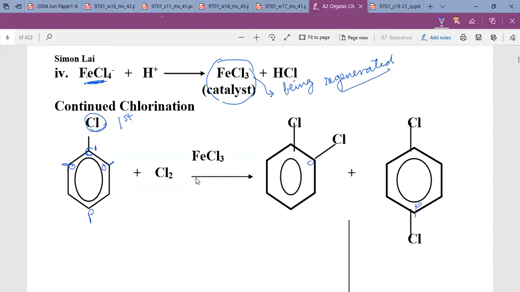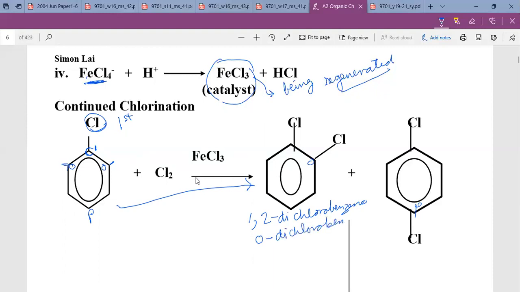I want you to do this for your homework. Draw for me the whole mechanism for this to ortho. This is called 1,2 dichlorobenzene, or ortho dichlorobenzene.